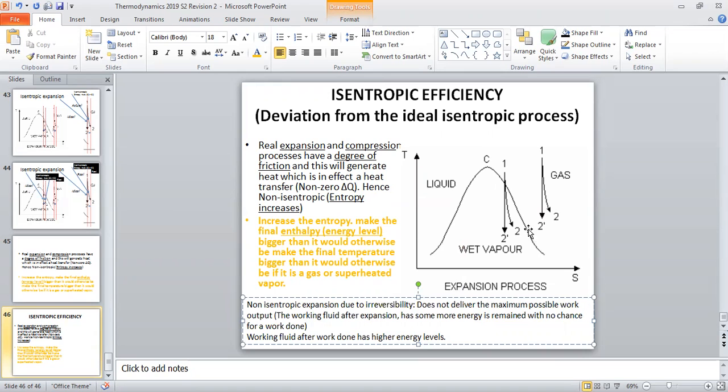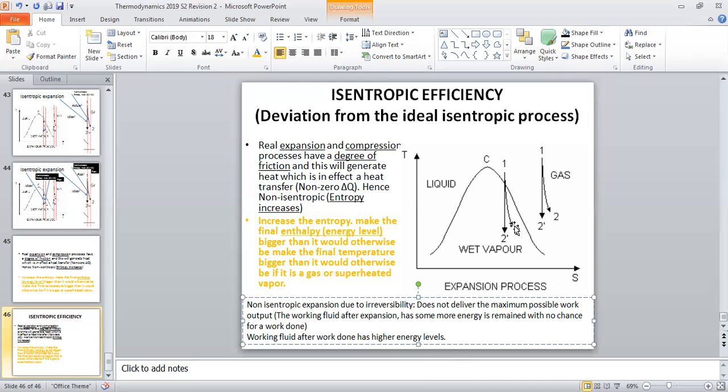So then the energy at 2 will be higher than the energy at 2 dash. Higher energy means a high level of temperature. Energy level is also high; mention that.